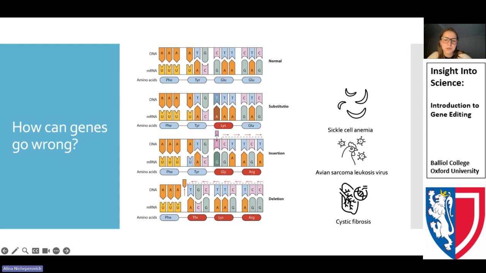And finally, we also have cystic fibrosis, where a deletion of a base leads to this genetic condition which causes dysfunctional lungs in the patients.